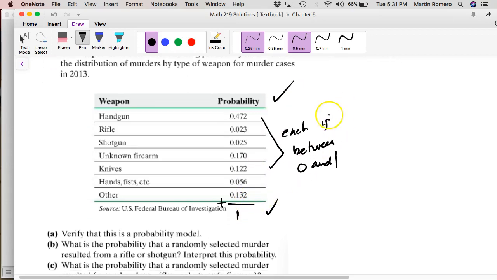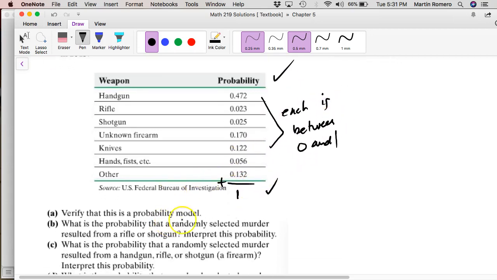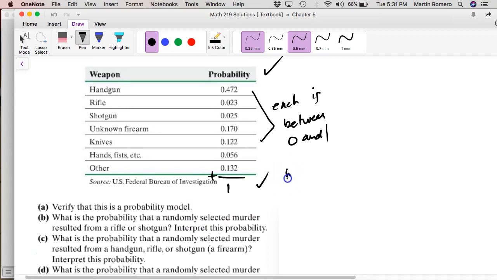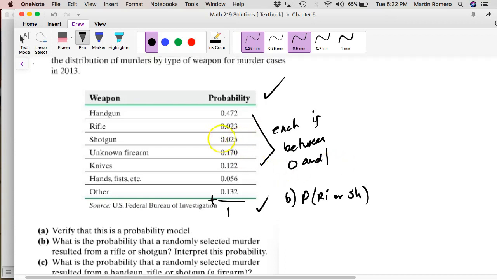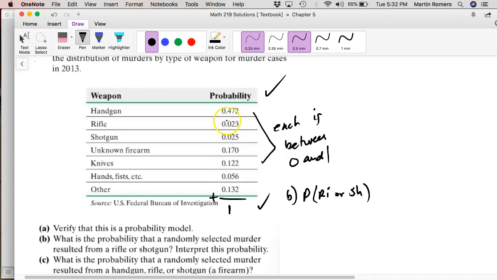Part B. What is the probability that a randomly selected murder resulted from a rifle or a shotgun? Those can't happen at the same time. A murder with a rifle and that same murder with a shotgun can't happen at the same time.